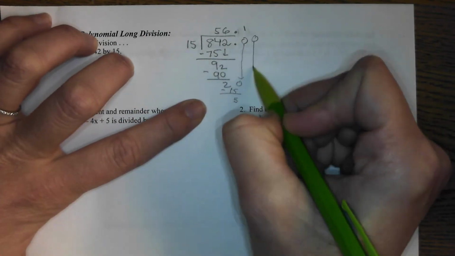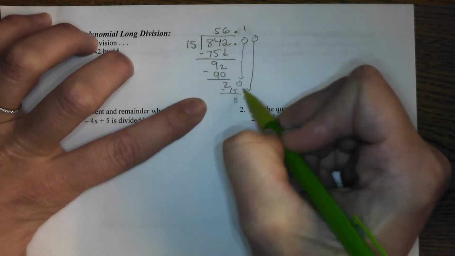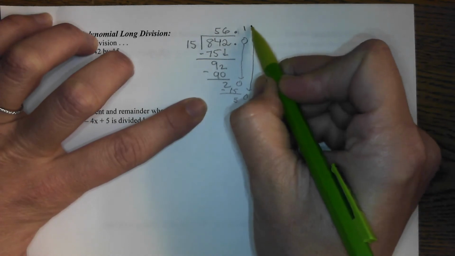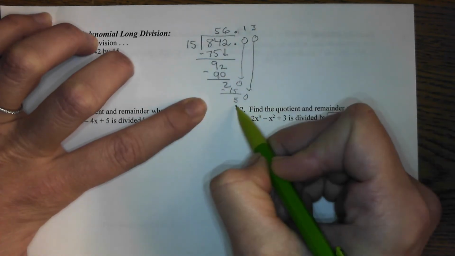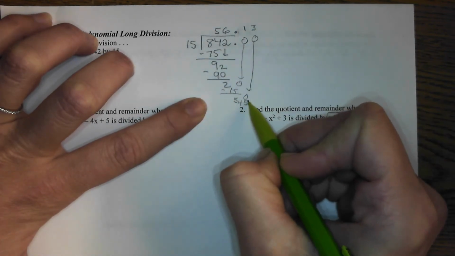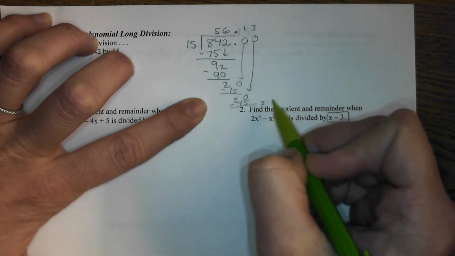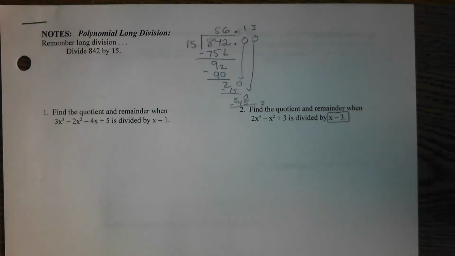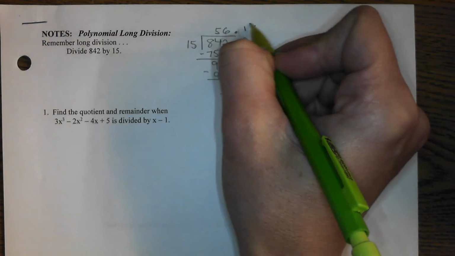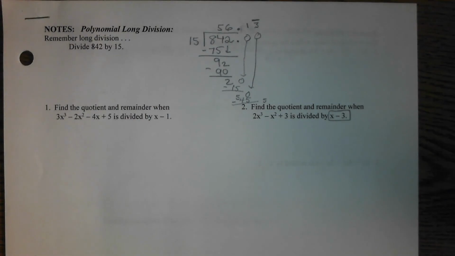So you've got a 5, bring down your 0, 15 goes into 50 3 times. And here's where the repeating is going to start, because 50 minus 45 is 5 again, and I'll just keep bringing down a 0, and it'll keep getting 50. And so that's how you know what's going to start repeating. You keep getting 3 over and over again. 50 minus 45 would be 5. You bring down to 50 again.